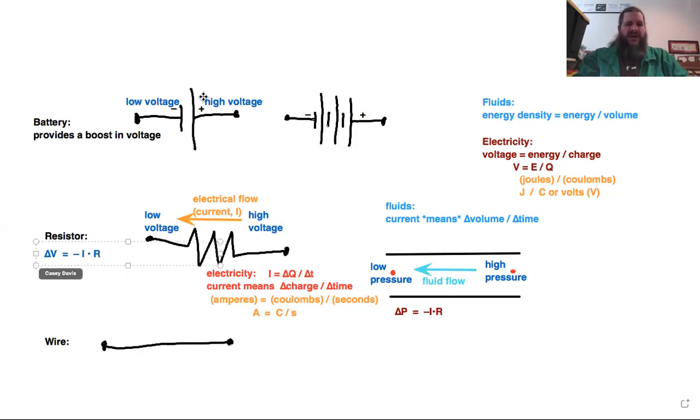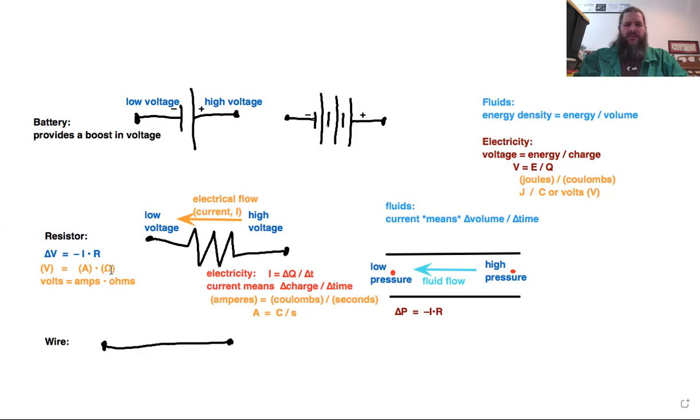And as for units there, voltage is still measured in volts. Current is measured in amps. And resistance is measured in a new quantity called ohms, written as the Greek letter capital omega. So ohms is the unit of resistance for electricity.